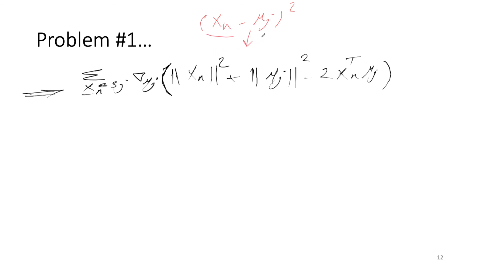First one raised to the 2, second one squared, and since you have minus here, you're going to have minus 2 of the first and the second component, right? So now you have a summation of xn's within Sj, the first component raised to the 2, the second one raised to 2, and then minus 2 of this.